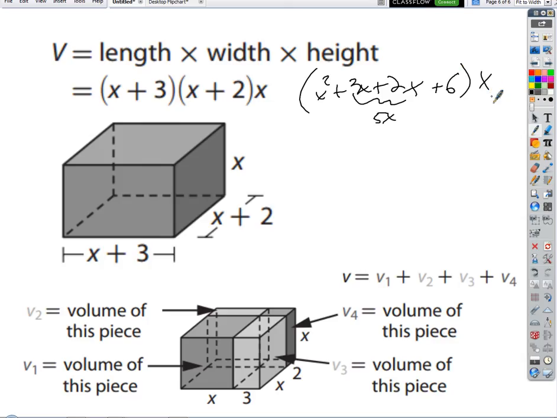Times x, right? So if I distribute the x through, then I'm just getting x cubed plus 3x squared plus 2x squared plus 6x, right?